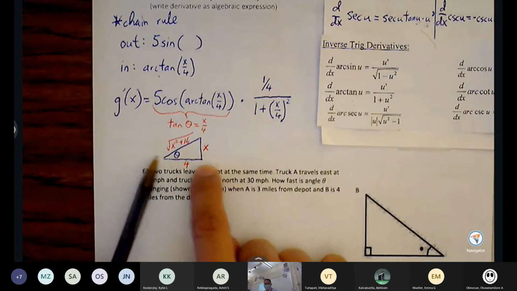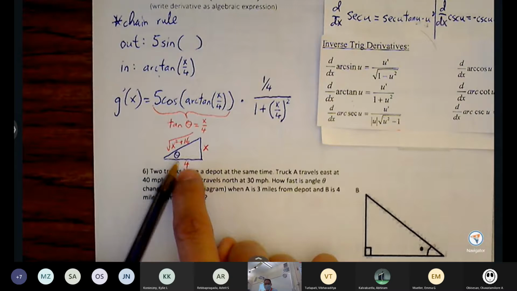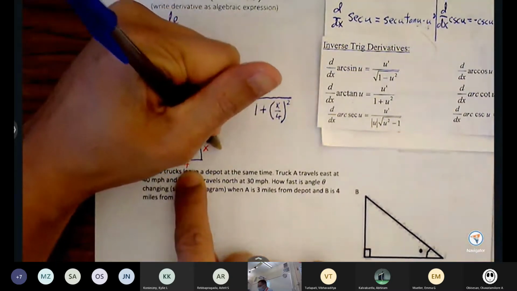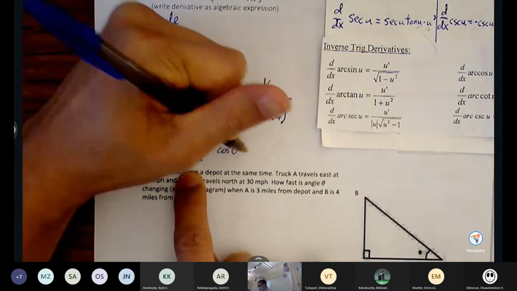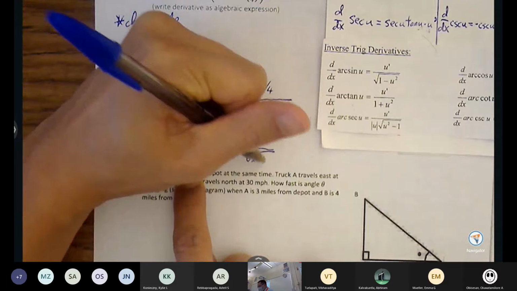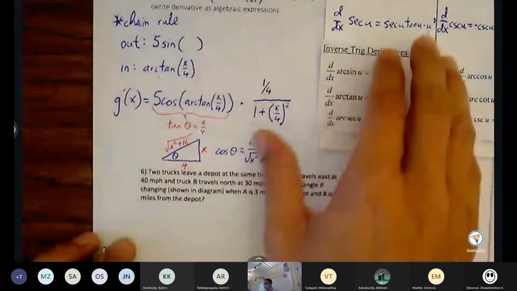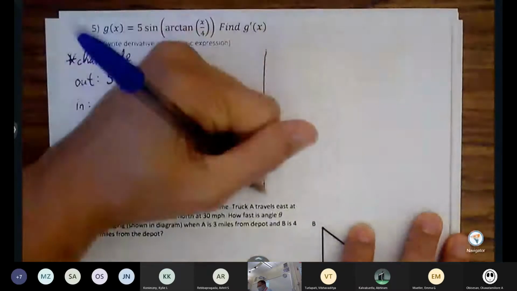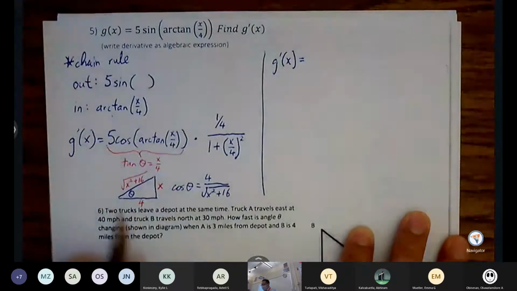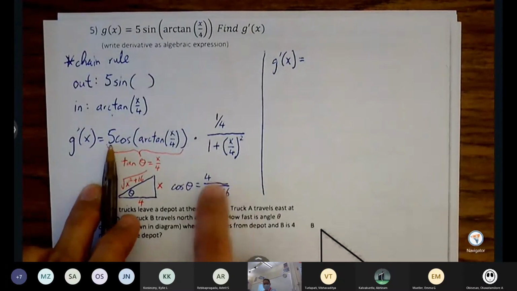So the cosine of theta is going to be adjacent over hypotenuse. Okay, so then put it all together. We got the 5.